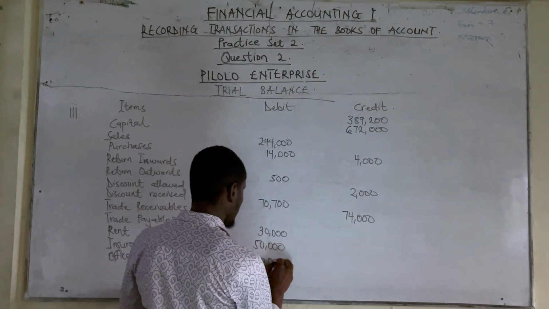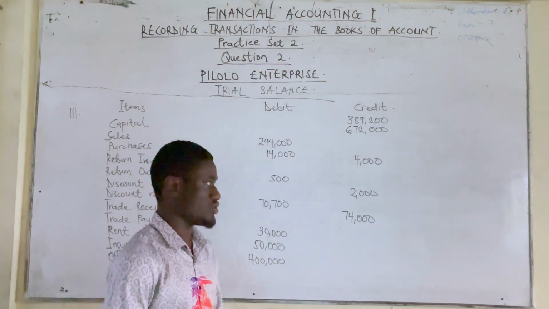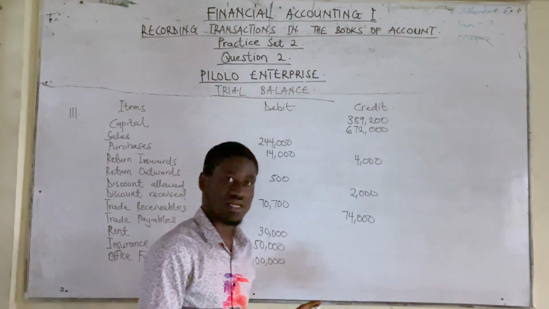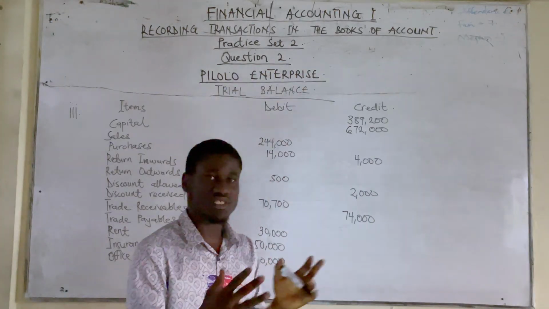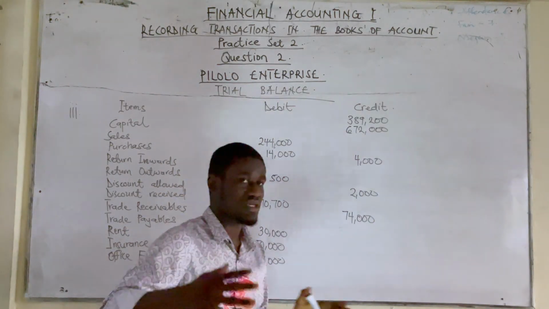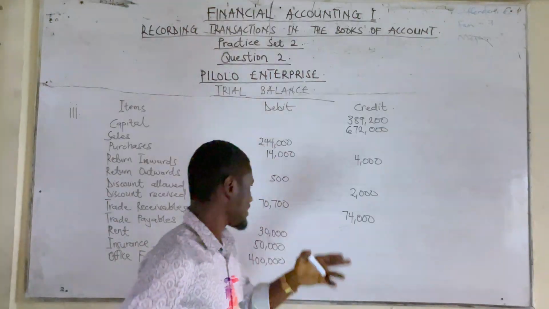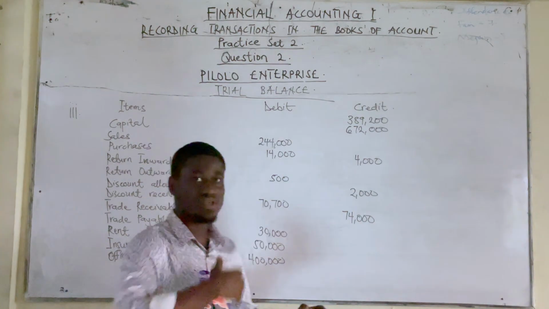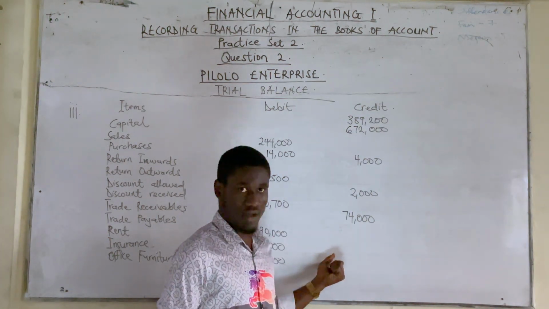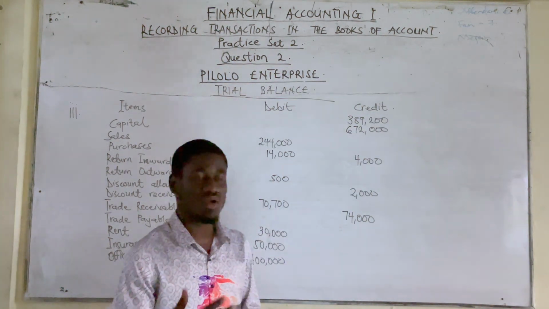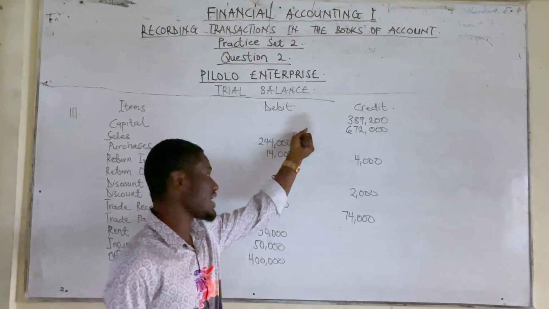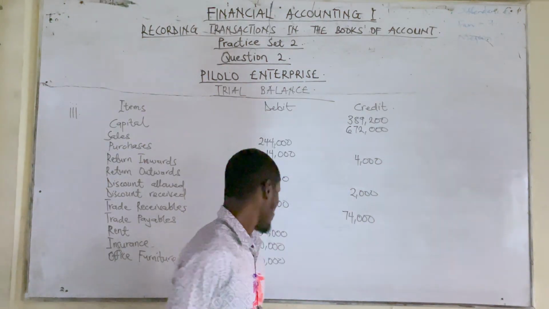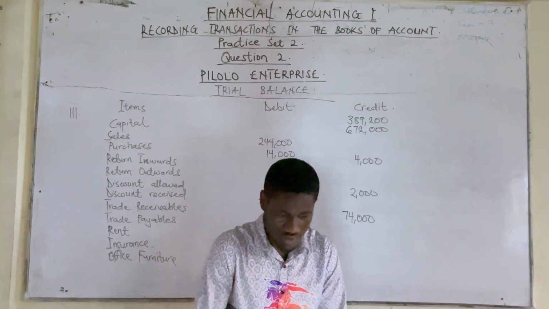So we are just transferring the balances from the accounts we drew in the sales ledger and purchases ledger, where the sales ledger totals are the trade receivable, and the purchases ledger totals or balances are what? Trade payable. And in the general ledger, we opened the account for each of the items, and we are just transferring the balances to what? The trial balance. You get it. The one which had the debit balance will be recorded under the debit side, and the one which had the credit balance will be recorded under the credit side. So office furniture is recorded.